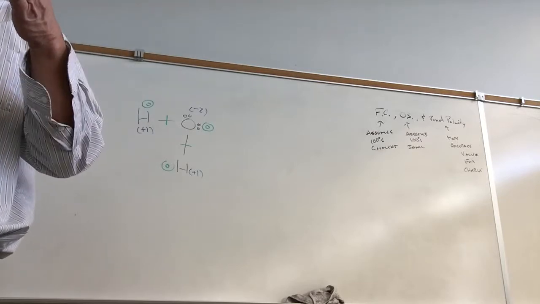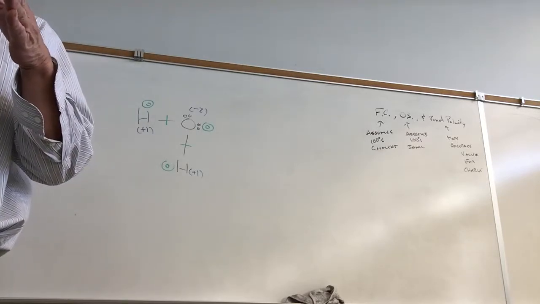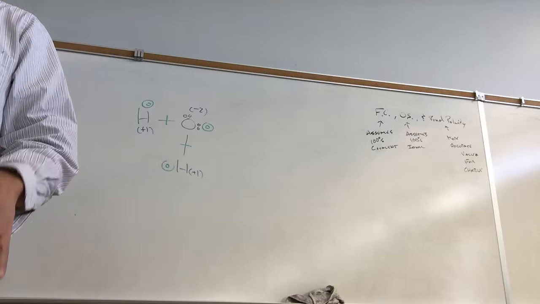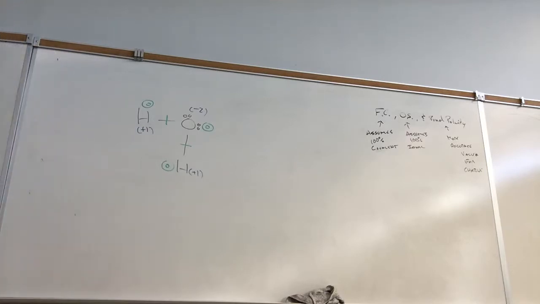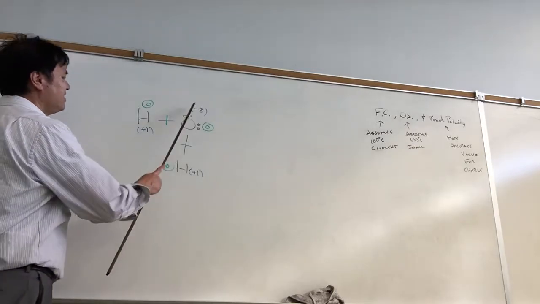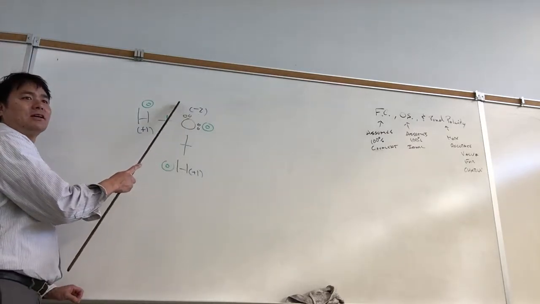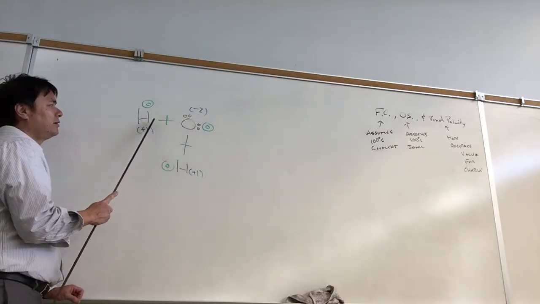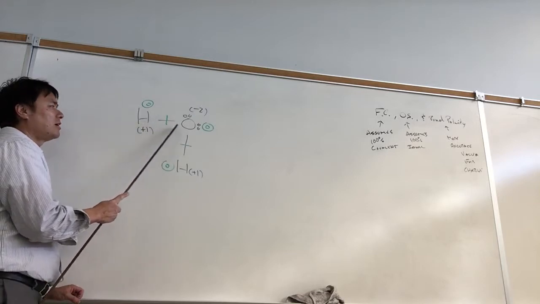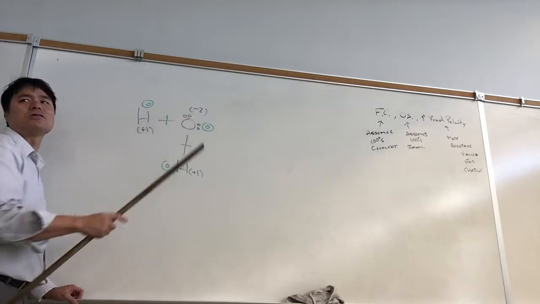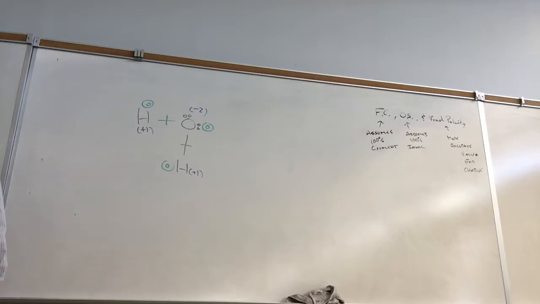It's in the polar covalent range of bonds, polar covalent. And so neither of these is accurate, right? And so why do we do this? Clearly this is not 100% ionic and the oxygen does not have a -2 charge. And so why do we even bother with it?